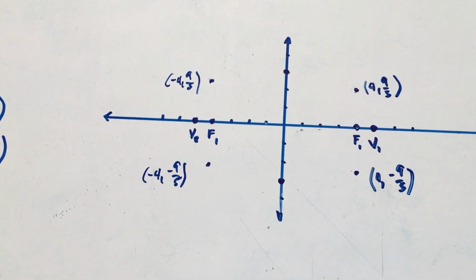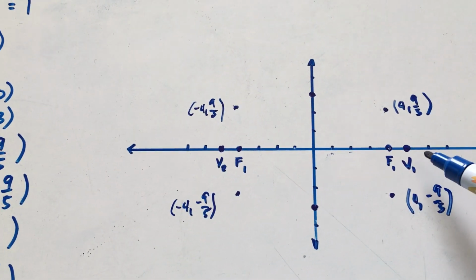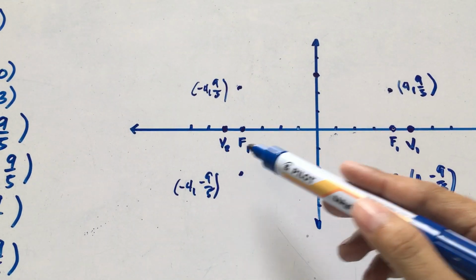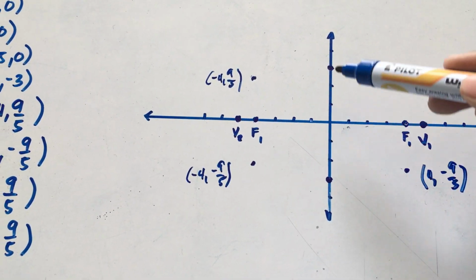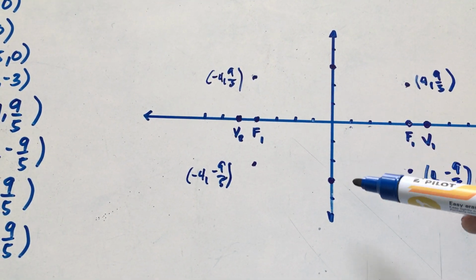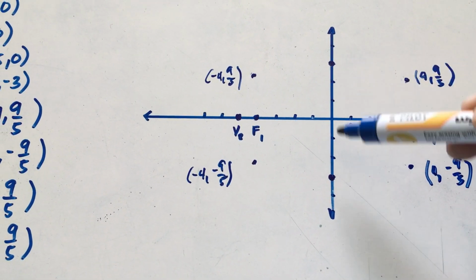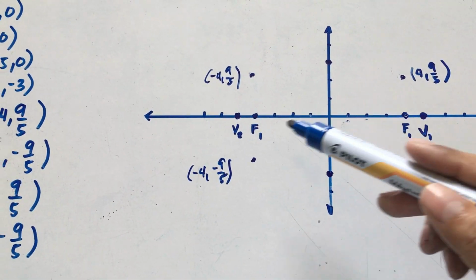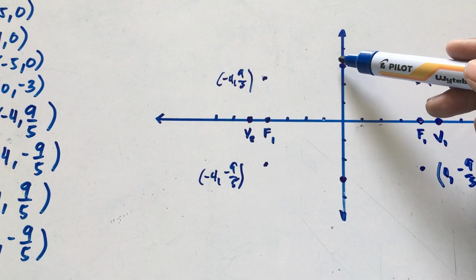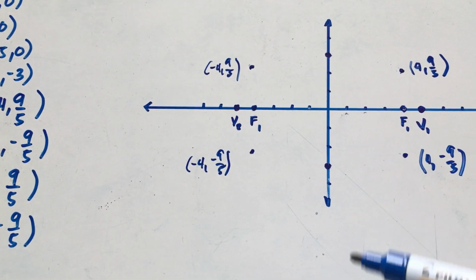So again, before we can graph our ellipse, we need to plot the directrix, the vertices, the focus, the minor axis, the points of the minor axis, the endpoints of the minor axis. Again, when we say the endpoints of the minor axis, while the vertices are actually the endpoints of the major axis. Okay? While here are the endpoints of the minor axis, the (0, b) and (0, negative b).